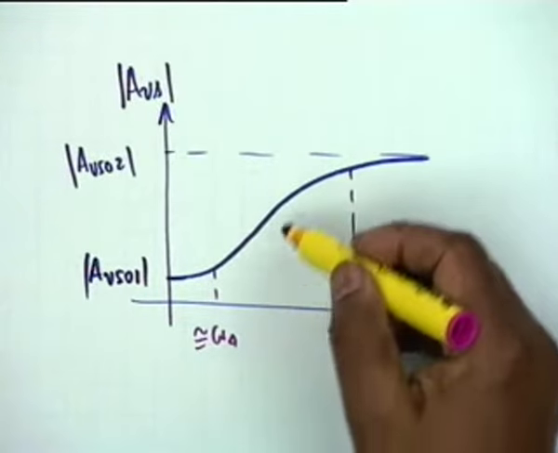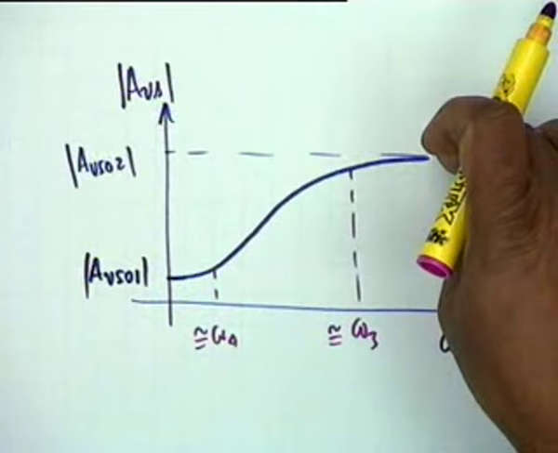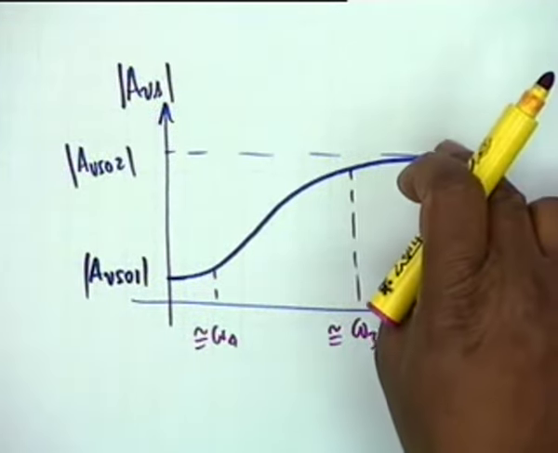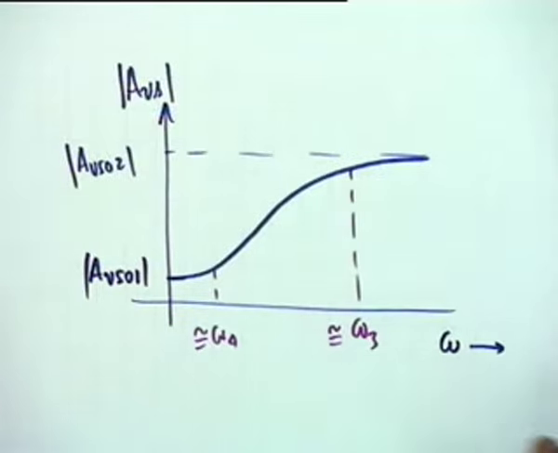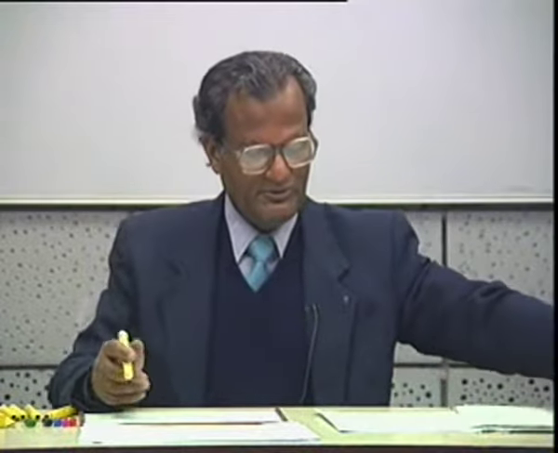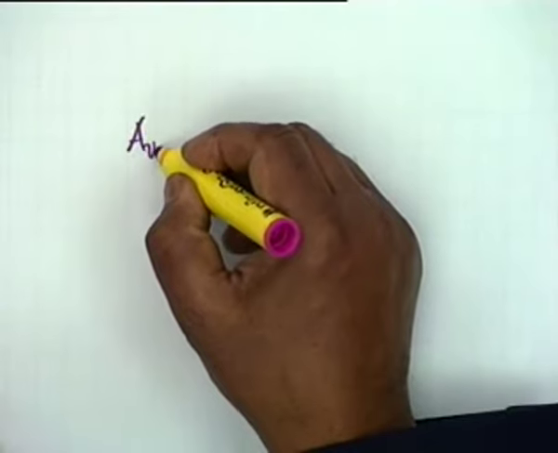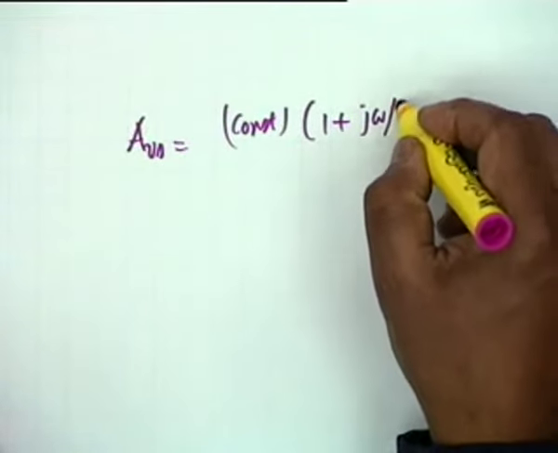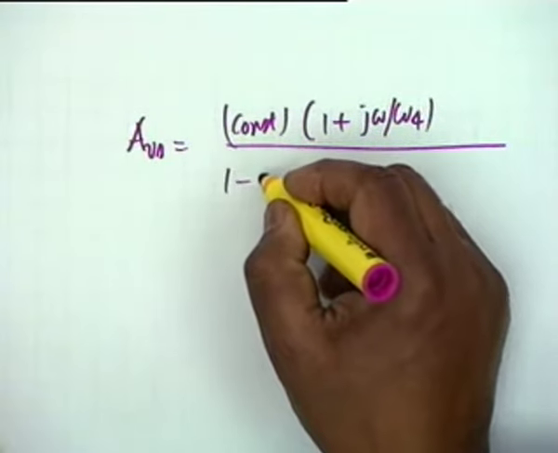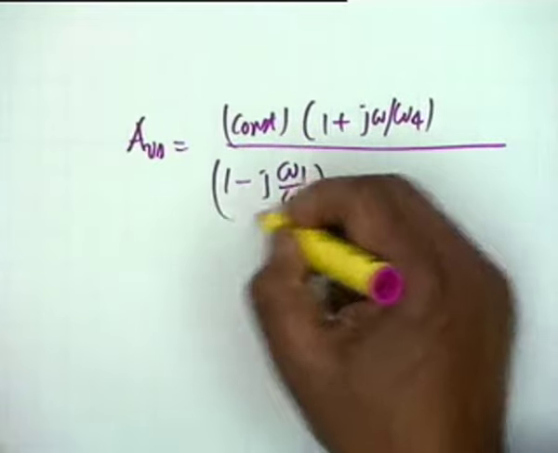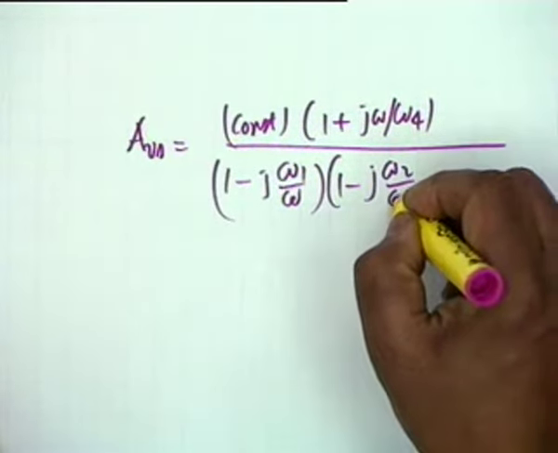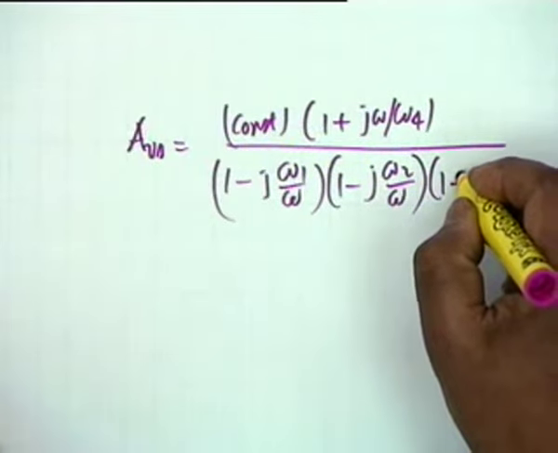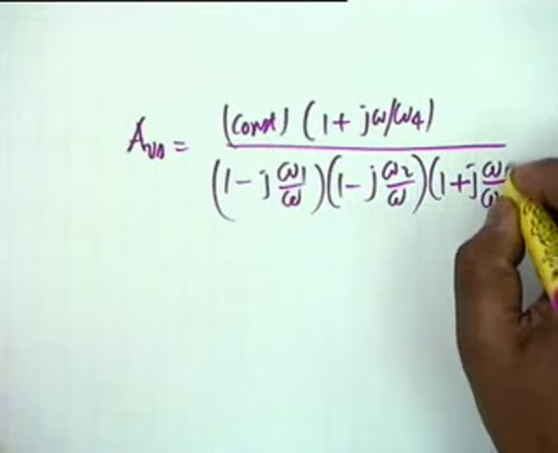Suppose omega 1 occurs here, omega 2 occurs here. These are of no concern. What we are concerned with is the mid-band gain. Where does it come 3 dB below? Okay, let's take an example. Now, would you then agree that our initial guess was AVS would be equal to some constant multiplied by 1 plus j omega by omega 4, 1 minus j omega 1 by omega, 1 minus j omega 2 by omega, then 1 plus j omega by omega 3.